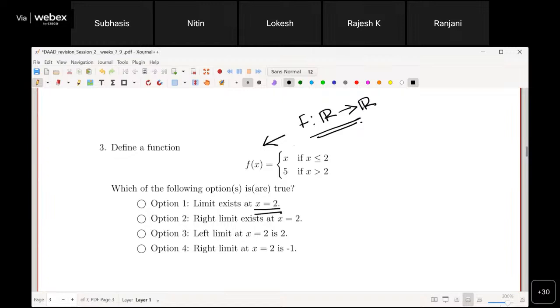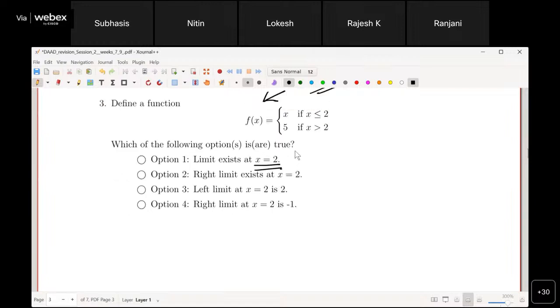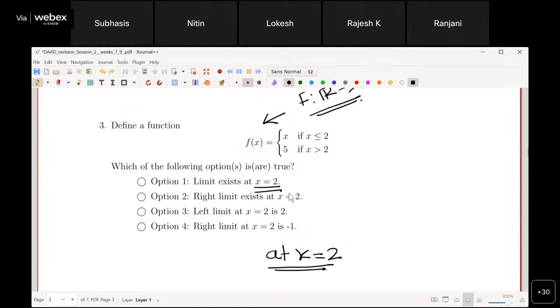Can you tell me how I should find the limit of this function at x equal to 2? Any idea? I want to find the limit. Basically you look at the left hand limit, the right hand limit, and the value of the function at x equal to 2. So we don't have to go to the value of the function at x equal to 2.